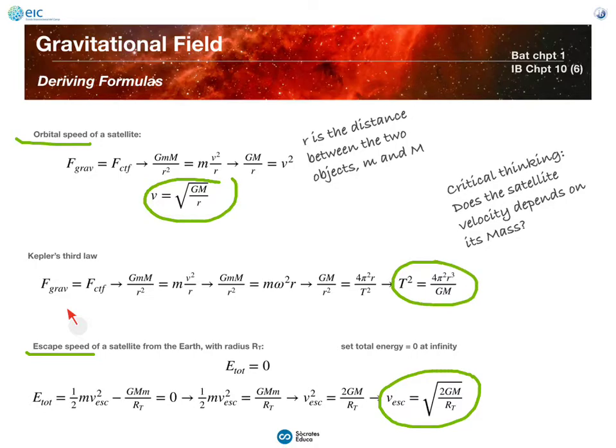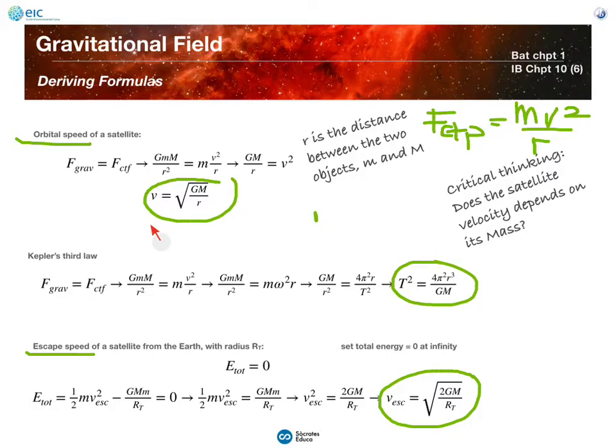When we talk about the orbital speed, in order to derive this formula, remember that the satellite is orbiting in a circular motion. When you've got circular motion, you've got the centripetal force, which is of the kind mv squared over r, where r is the radius of the orbit, or the radius of your circle, and m is the mass of the object.